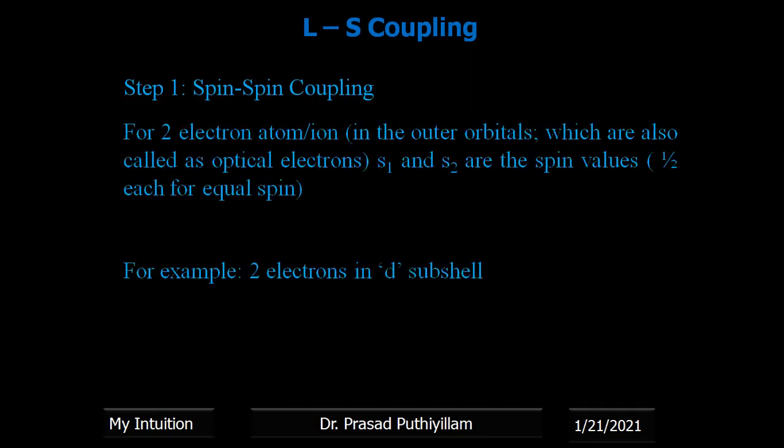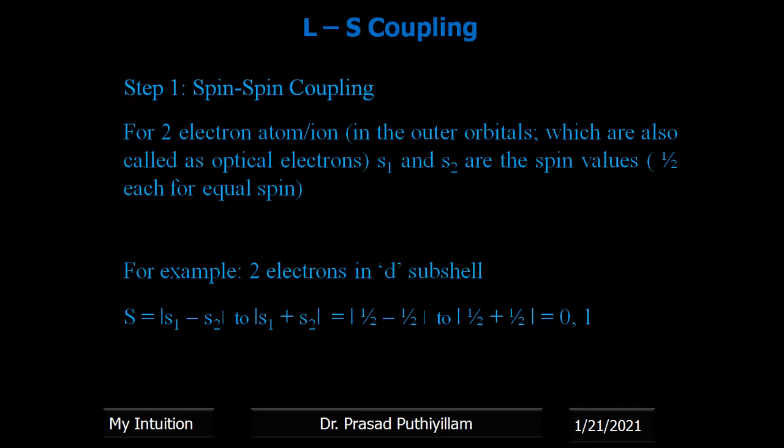Then for a two electron atom or ion system, in the outermost orbital where these two electrons are present, we call them optical electrons, not the electrons present in the inner shells. If electrons are present in the outermost orbital, we call them optical electrons, because in the presence of light energy, these electrons jump to a higher energy level and jump back, giving the spectra.